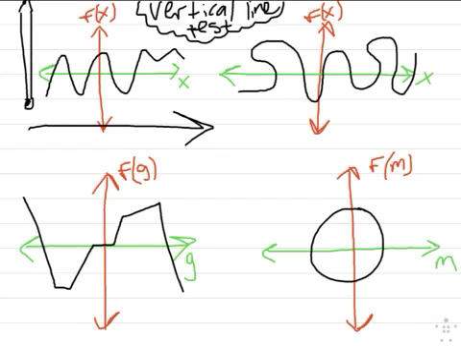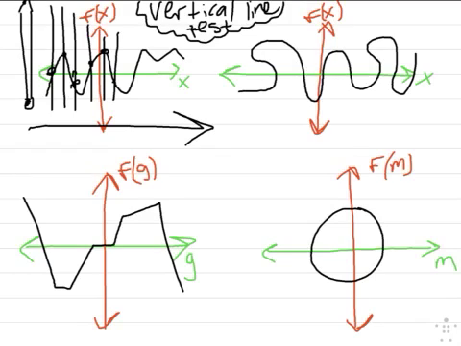So I can test each line here, and I can see, oh, it's only passing through at one point each time. It's only passing through at one point everywhere along the function, even down here. What does that mean? Well, it means for each x value, when I choose an x value, like say this is -4, how many y values do I get at this point?